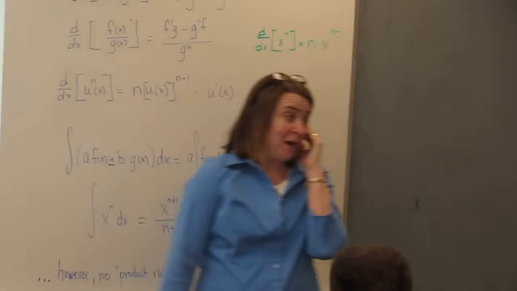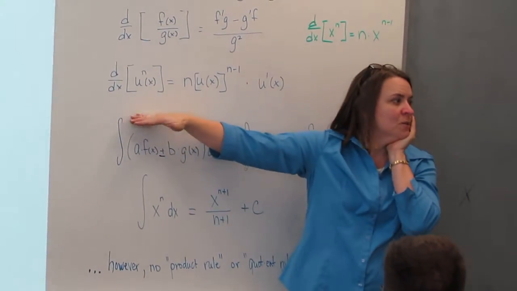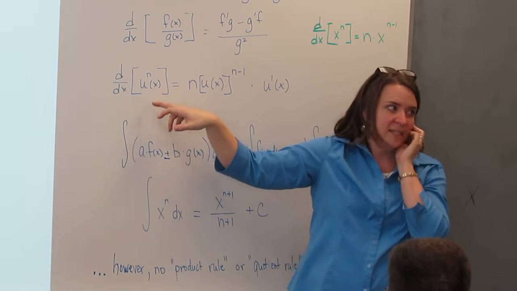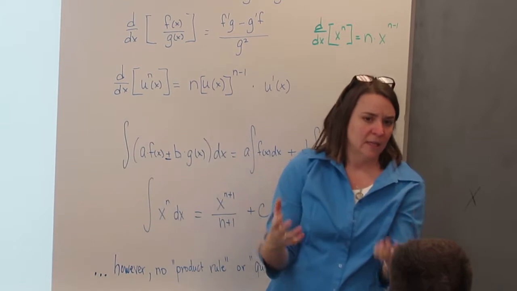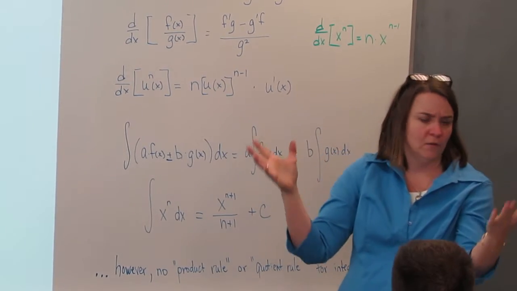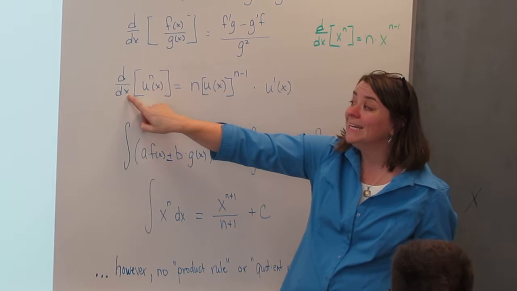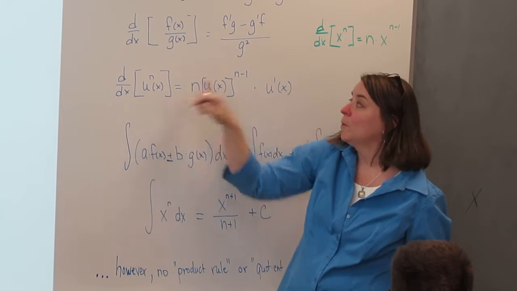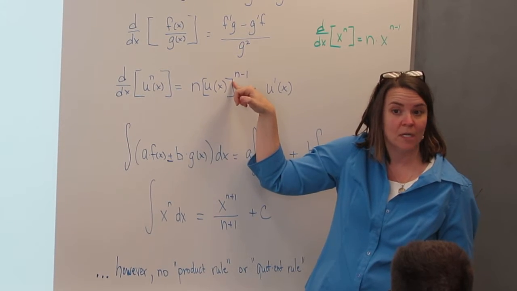So let me prepare your eyeballs to see a pattern. Right here, this was our generalized power rule. So it's not just x to the n, but if we had some function to the nth power, like sine cubed, or arctan to the fourth, some function to the nth power. We're differentiating with respect to x. Remember, we would do the power rule, bring down the n, leave the base, subtract 1.